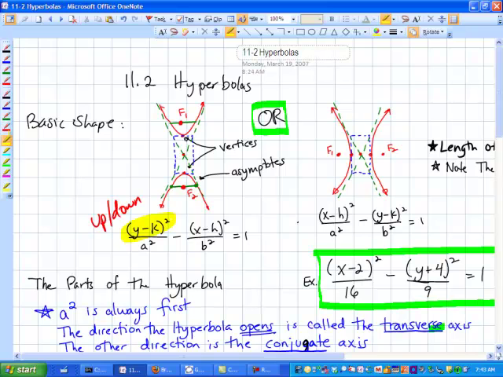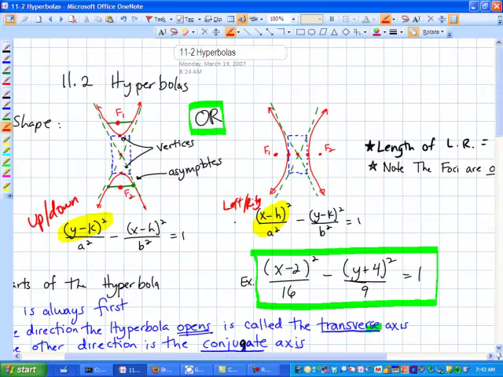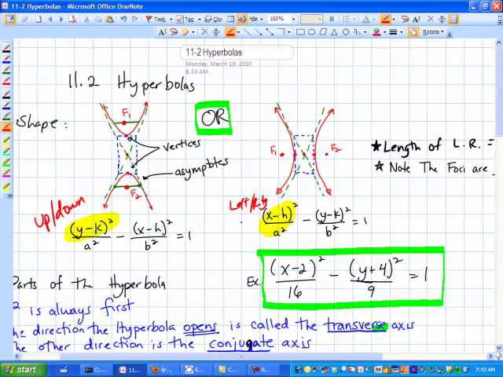And over on the other side, I've got the x coming first, which means that this thing is going left and right. So we can tell some information about it by looking at the equation itself, which one comes first. And you'll notice that the a is underneath whatever came first, because on a hyperbola, the subtraction sign forces one thing to come first instead of the other.